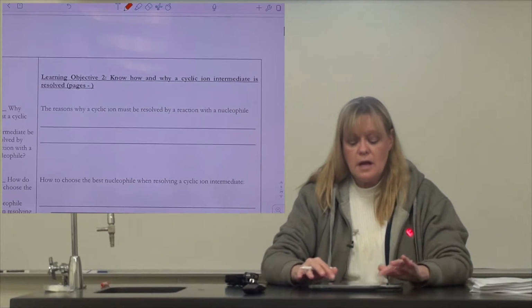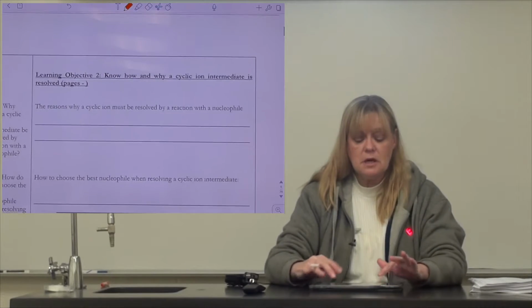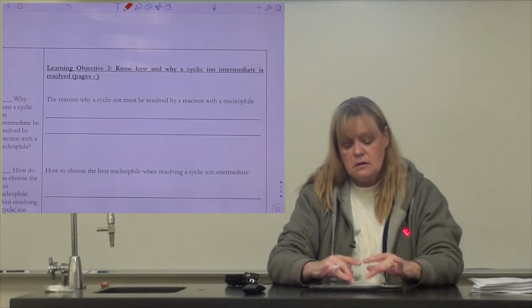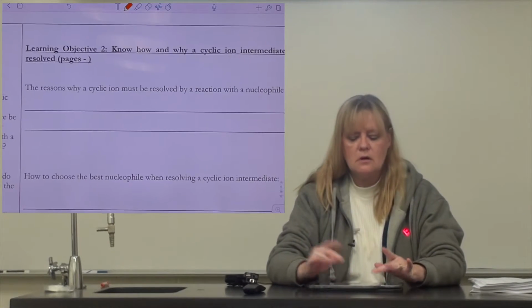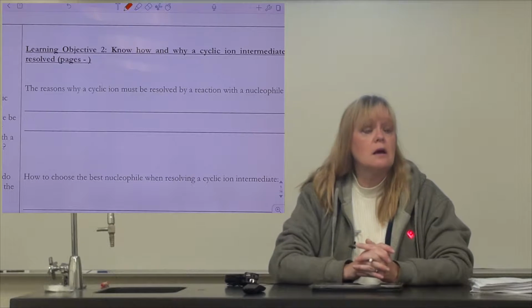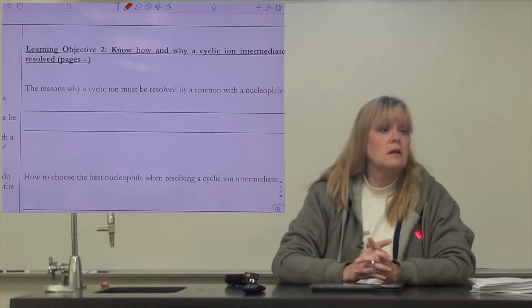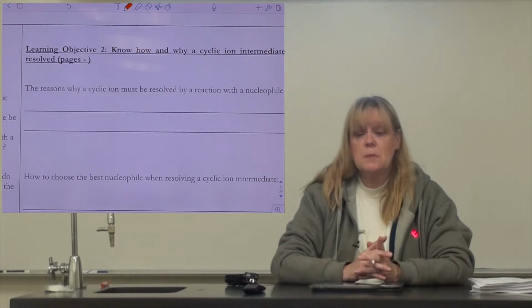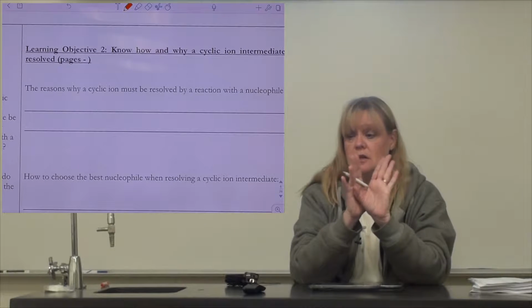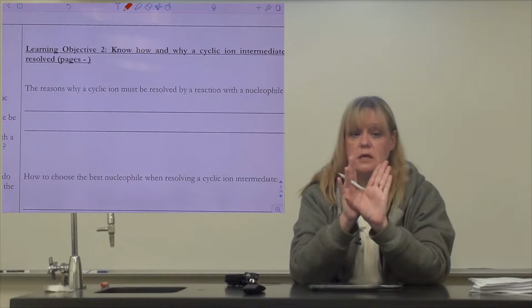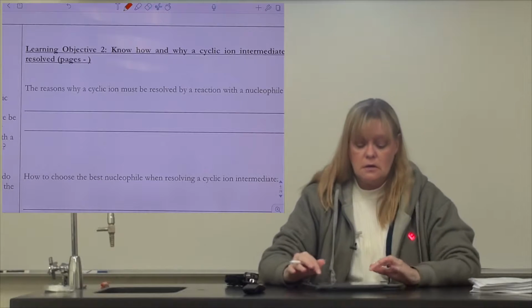So the reason why it has to be resolved is because, why don't you want to leave it like that? It's a strained ring. You've got the bonds too close to each other and electrons repel each other, so they don't want to stay that close together.